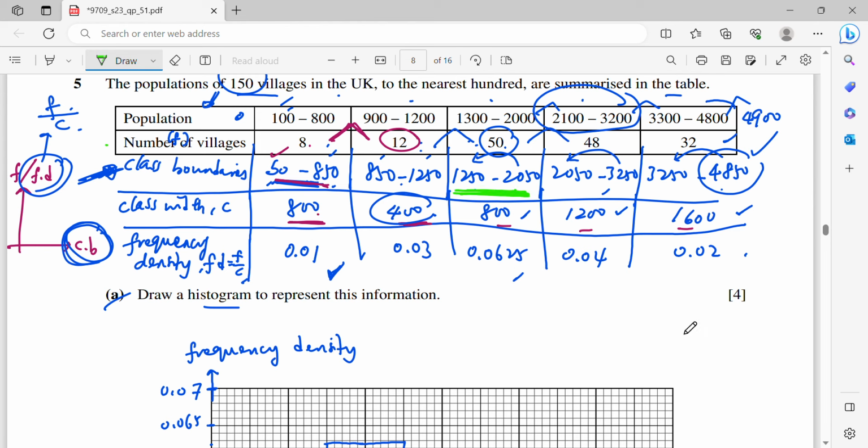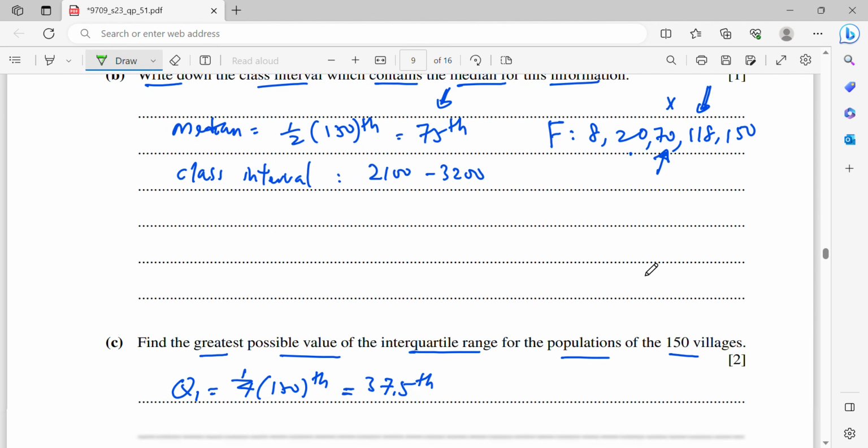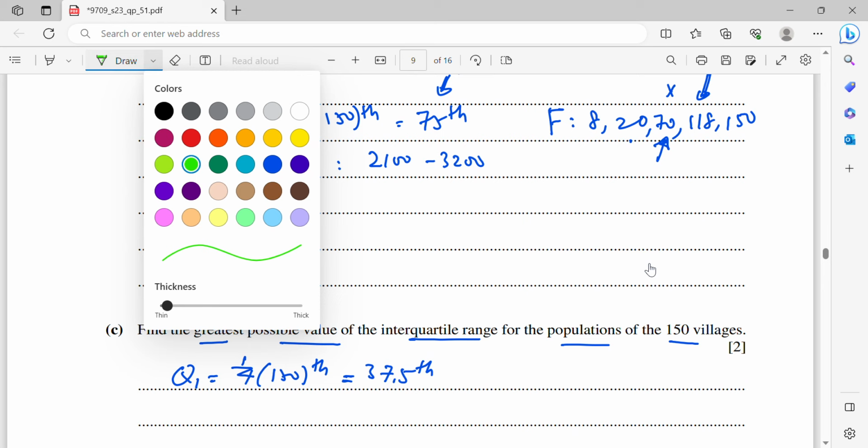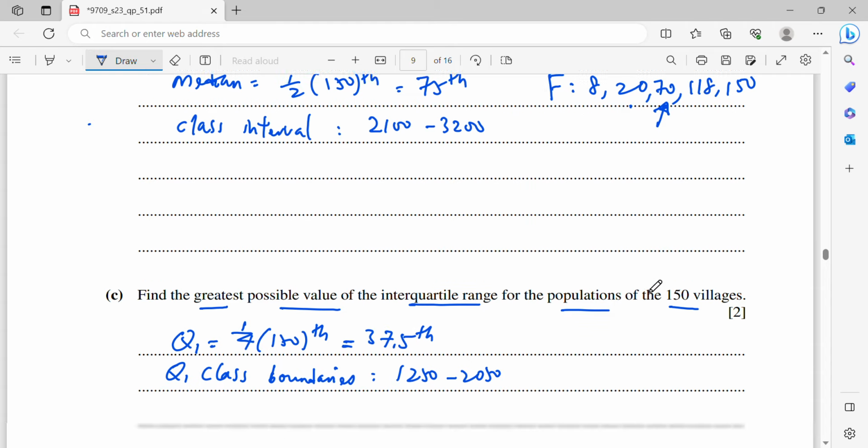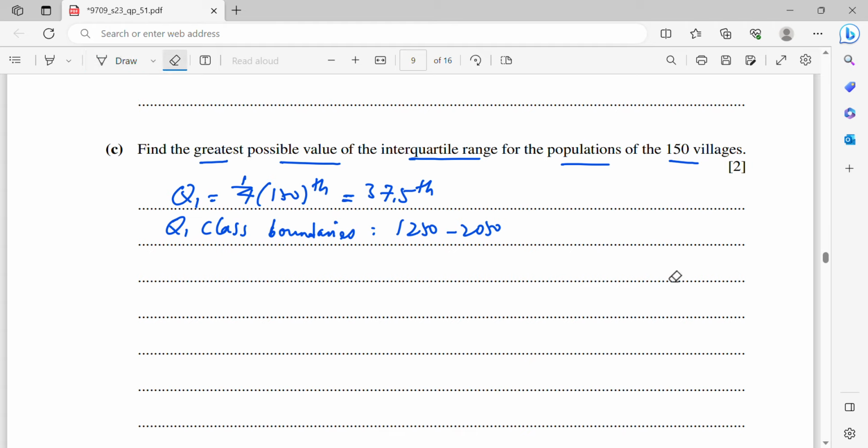That will be my first quartile class boundaries. So 1250 to 2050.